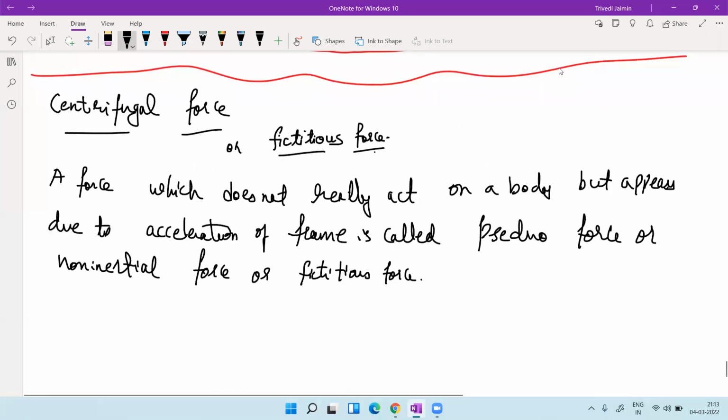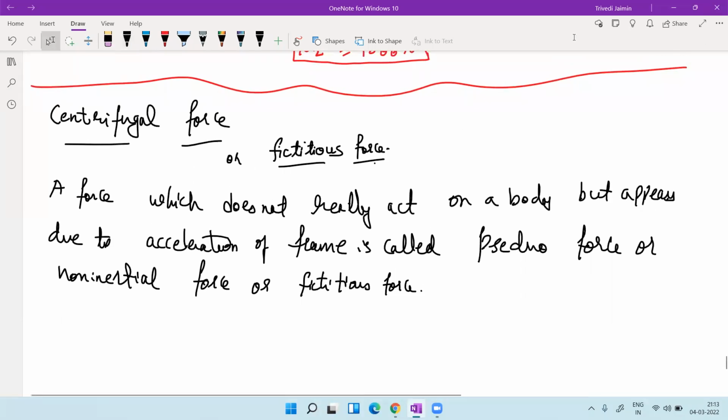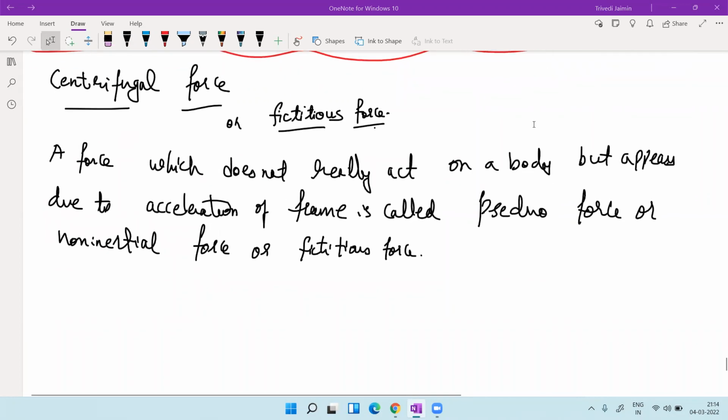Okay. So are you able to understand what I'm saying? You understood what centrifugal force is? Yes, sir. Okay. Very good. Okay.